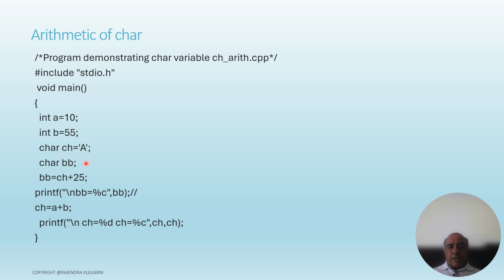Then we have declared a char variable ch and assigned a value of uppercase A, or a capital A, to this ch. Then we have declared a fourth variable of char type, bb.